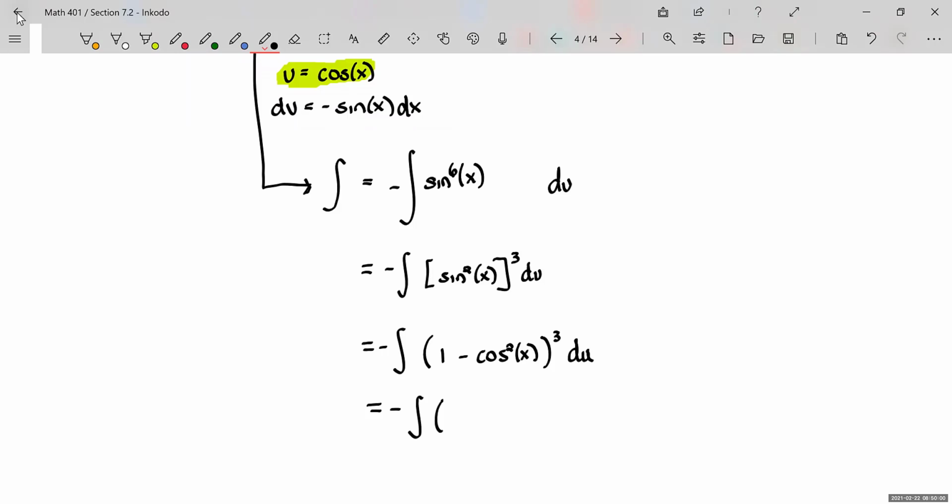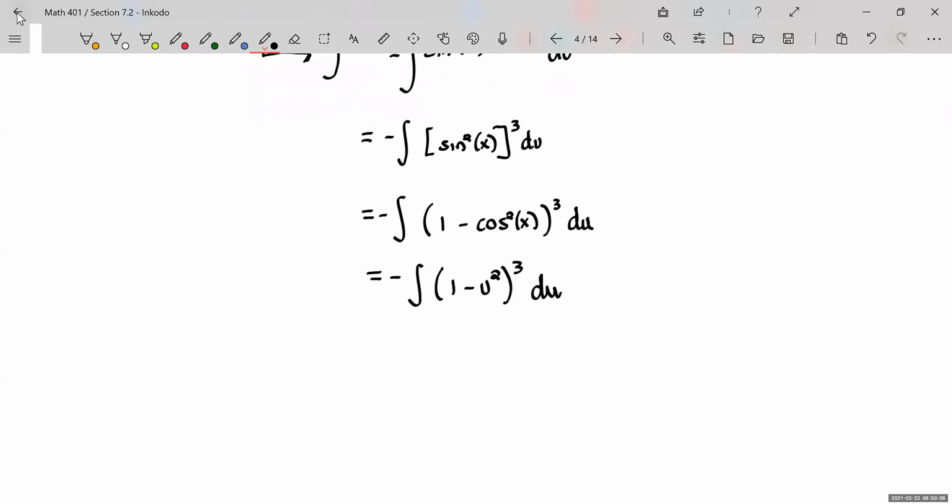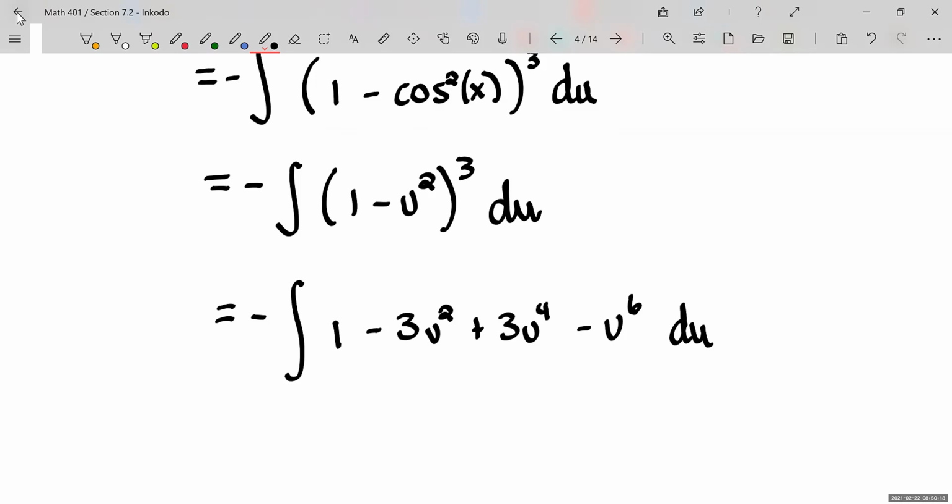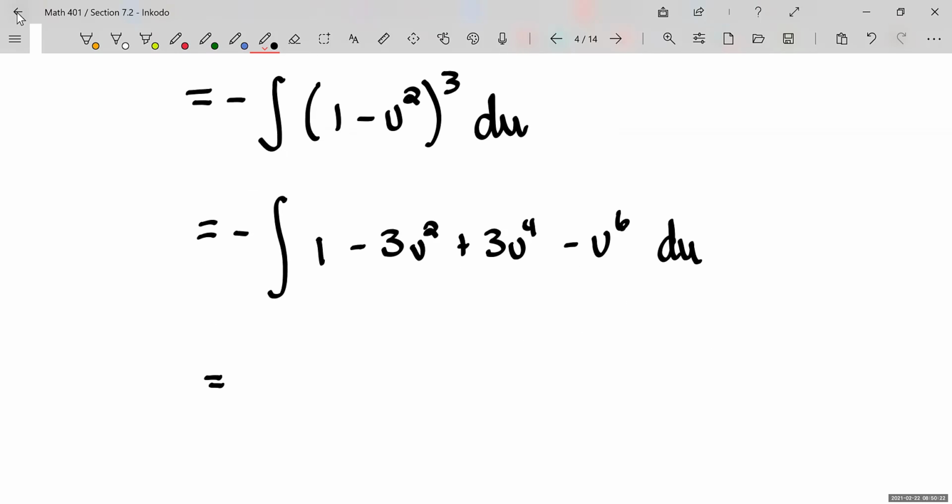The quantity 1 minus u squared cubed du. And now you can multiply that all out. I'm going to use Pascal's triangle to quickly multiply it out. And now you can integrate. It's a really nice way of doing this style of problem.